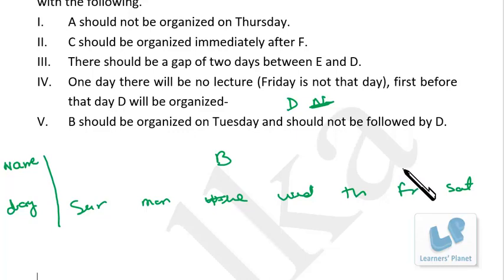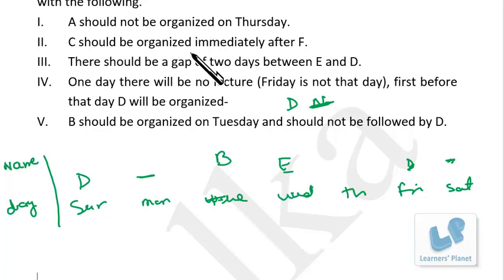Suppose we have D and gap over here. Then between D and E there should be a gap of 2 days, but B is already there, so even this is not possible. So we can take D over here, because if we take D over here there is no problem. So D and gap. Then between E and D, 2 days, so E should be over here.